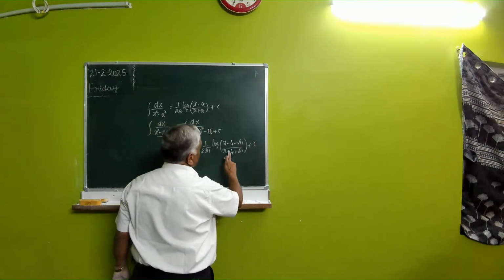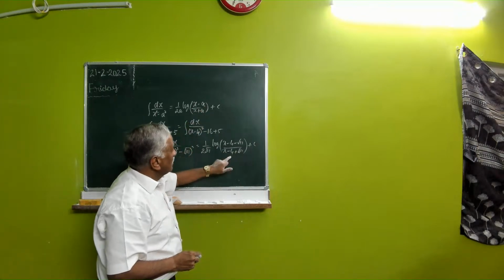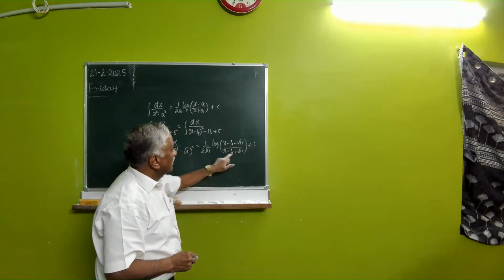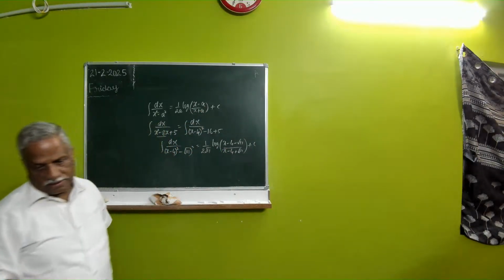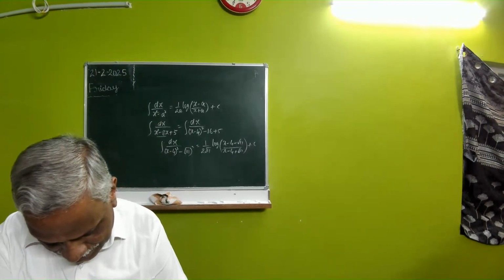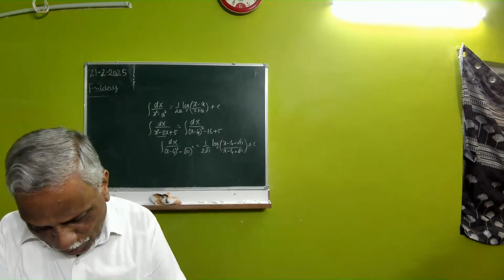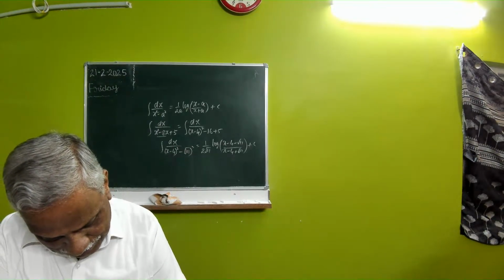It is not x plus 4, it is x minus 4 only. x minus a or x plus a: x minus 4 minus root 11, x minus 4 plus root 11. So we will move on to the next problem. This I am not going to work because already worked out.